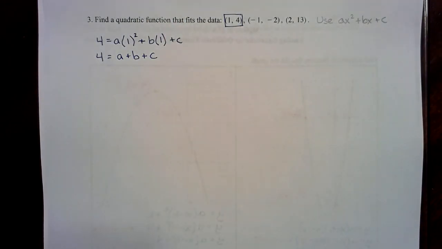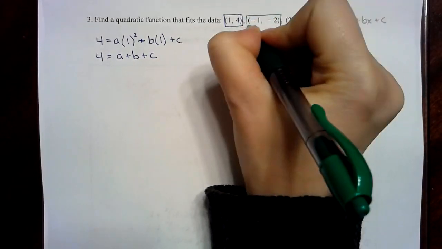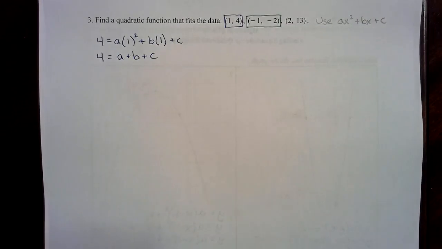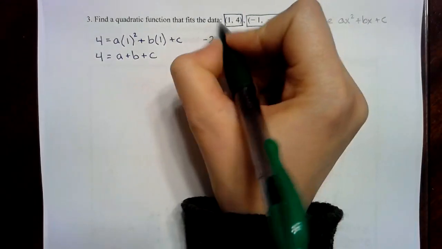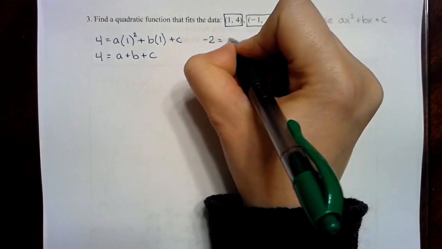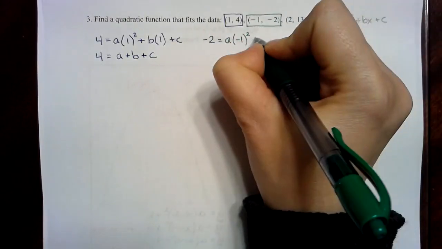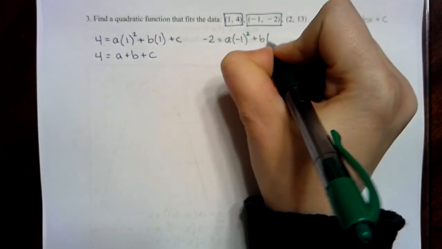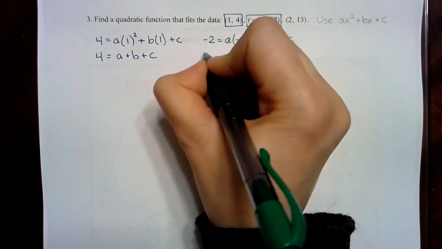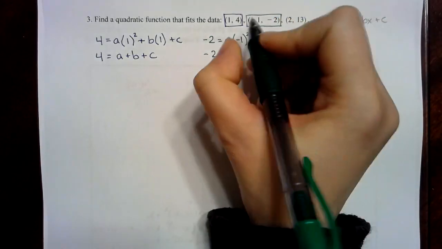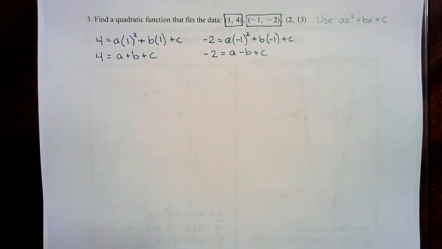If I look at the next point, negative 1, negative 2, then my y value, negative 2, equals a times negative 1 squared plus b times negative 1 plus c. So negative 2 is a minus b plus c.